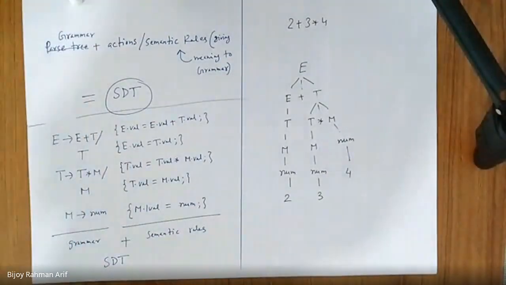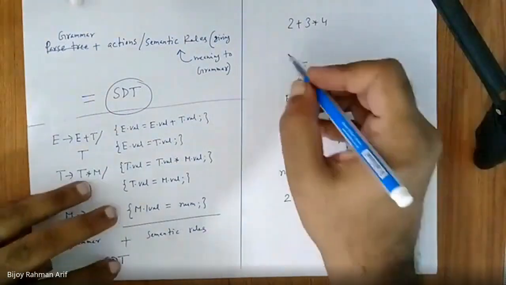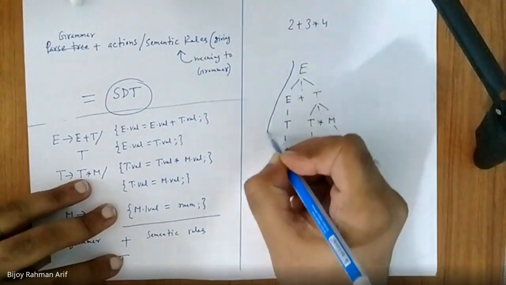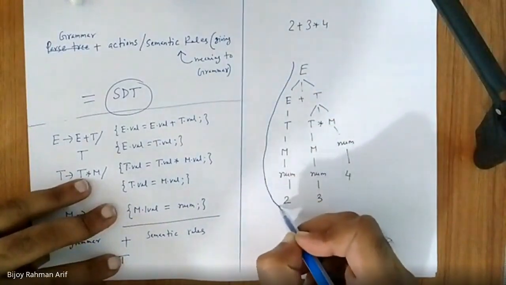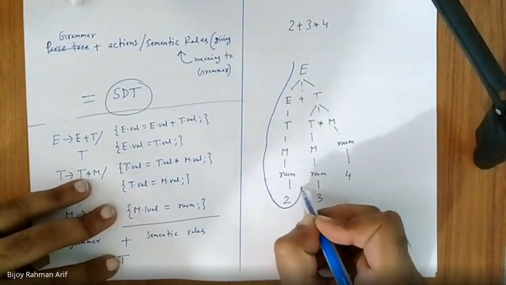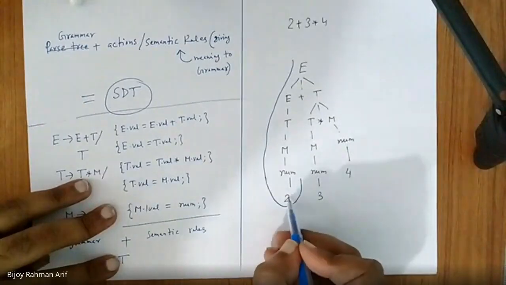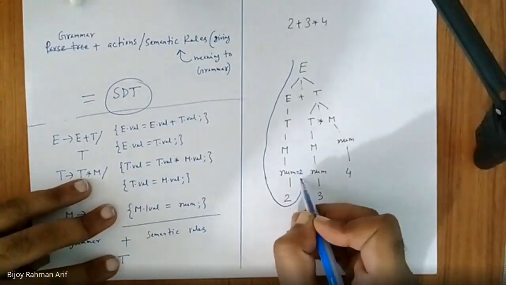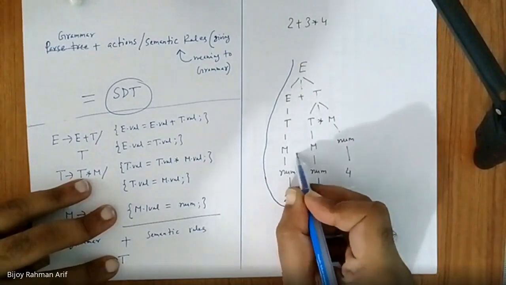Now traverse like before, top to down, left to right. So we encounter 2 here. This num is 2. Then we encounter a reduction.